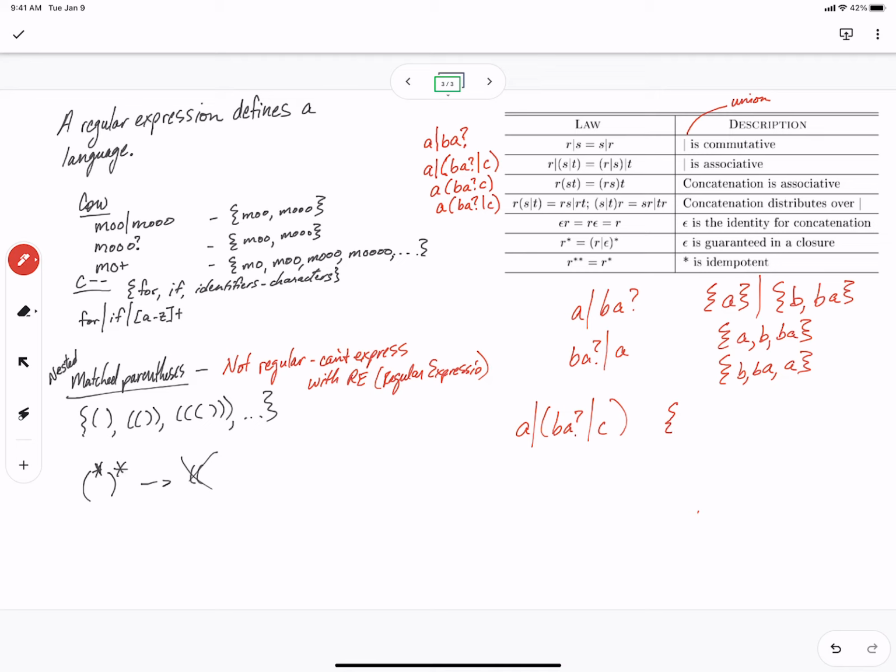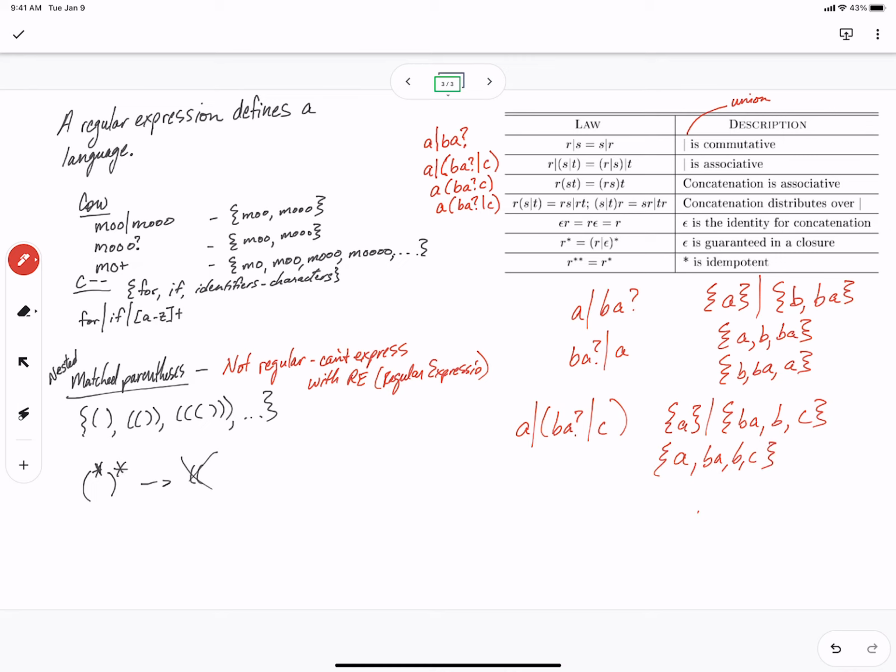We have A, we know that, and we have B, BA, and C. This language is just the set with C in it. This language is the set with B and BA in it, just like we did here. B and BA, and those union together gives us that set. Union everything together, we're going to get A, BA, B, and C.